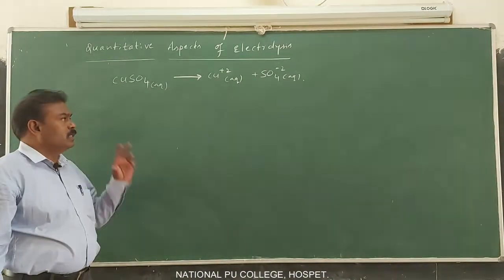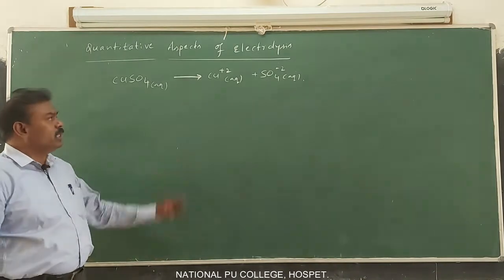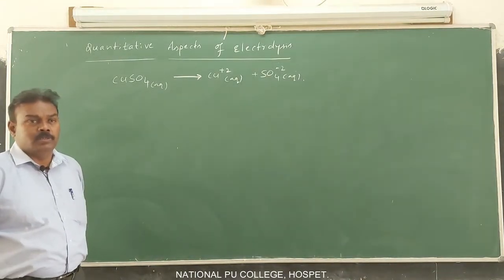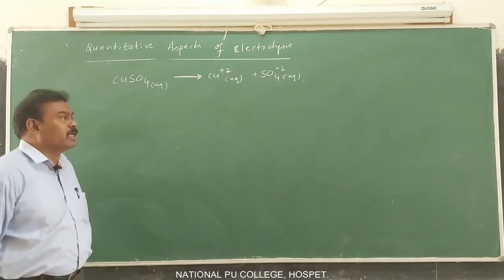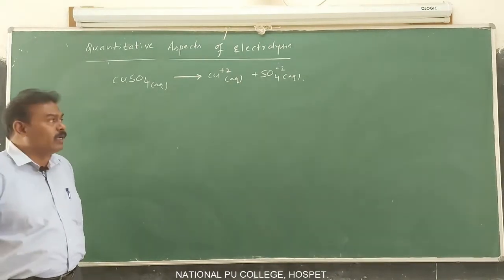Now if you pass electricity through the aqueous solution of copper sulfate, what is the reaction taking place at the cathode, and what is the reaction taking place at the anode?